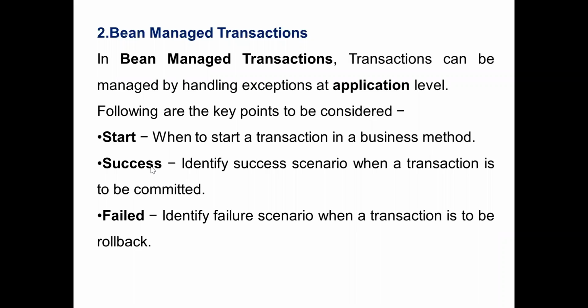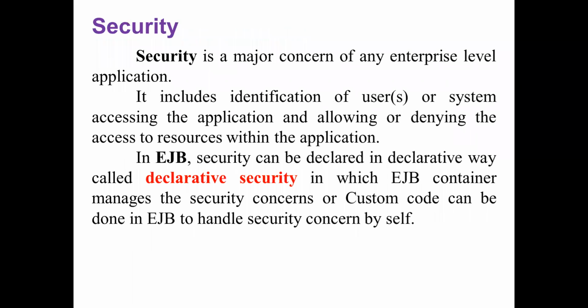Success means when the transaction is committed. Failure means rollback, when we identify a failure scenario and the transaction is to be rolled back. Rollback means once again we can go to the main program. So these are the three key factors for using the bean managed transaction.